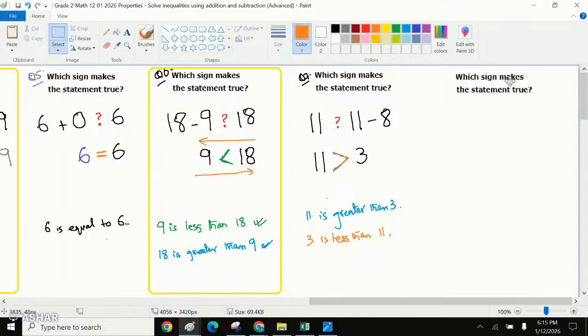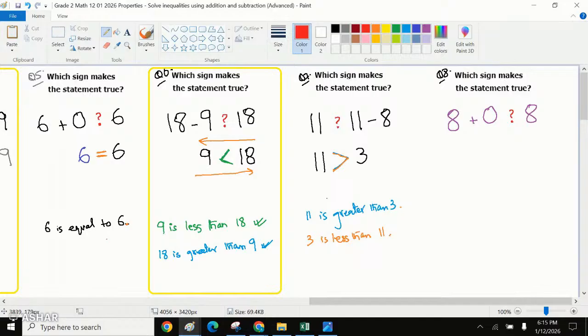Moving to the next question, number 8. The next question we have says 8 plus 0 with a question mark and 8.